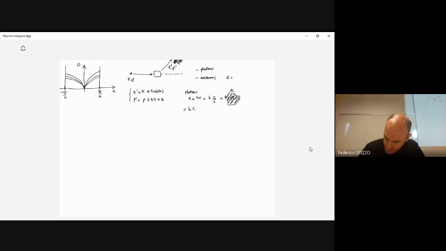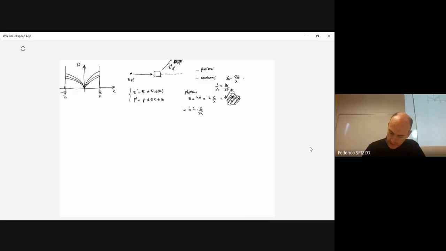If k is 2 pi over lambda, then we may replace 1 over lambda with k divided by 2 pi.